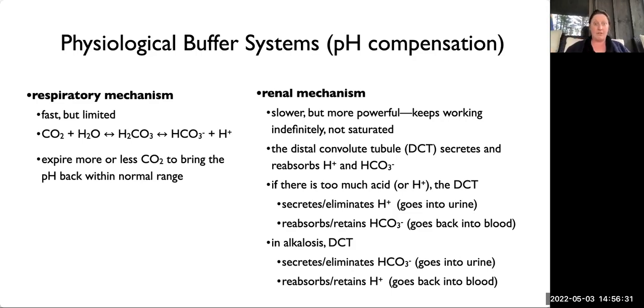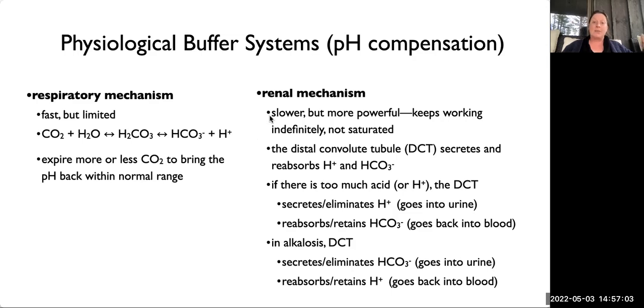If I don't have enough acid in my body, then we can keep the CO2 inside by depressing our breathing or depressing the ventilation, and that CO2 will turn into protons, which will help to restore the pH. So we breathe or ventilate more or less in order to adjust the CO2, which directly impacts the pH of the plasma. All right. Let's take a look at the renal mechanism.